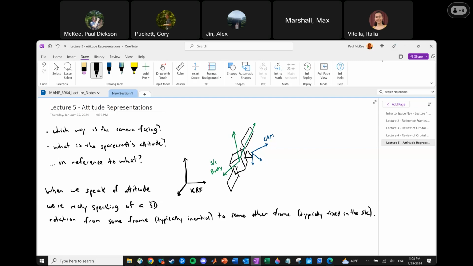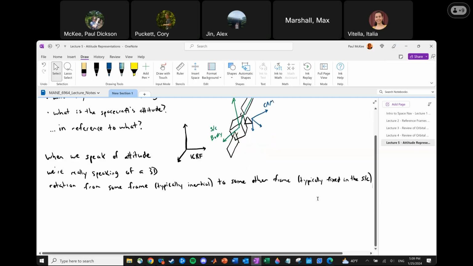So you need a reference frame. Similarly, with attitudes, you also need a reference frame. So that is to say, here's what we would need to do to the ICRF frame to make it look like the camera frame. And that rotation is what we're going to be talking about today. So questions on that? I have a couple of high-level ideas, and then we're going to get into specific ways of implementing that. But so far, so good?